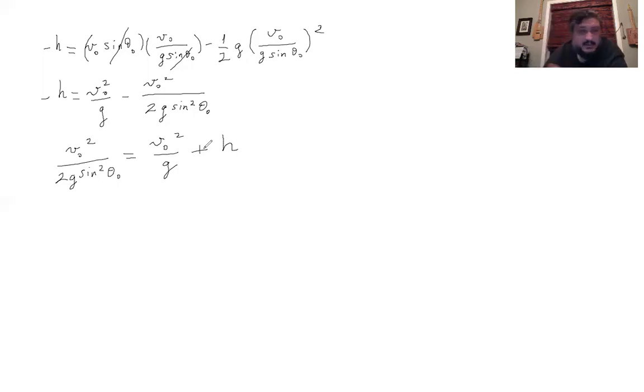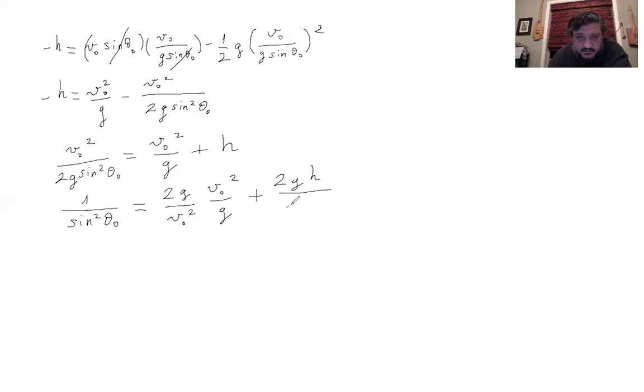So if I multiply both sides by 2g over v naught squared, 1 over sine squared theta naught will be equal to 2g over v naught squared times v naught squared over g plus 2gh over v naught squared.